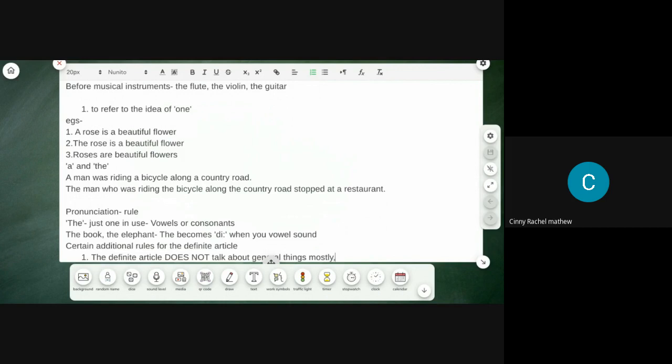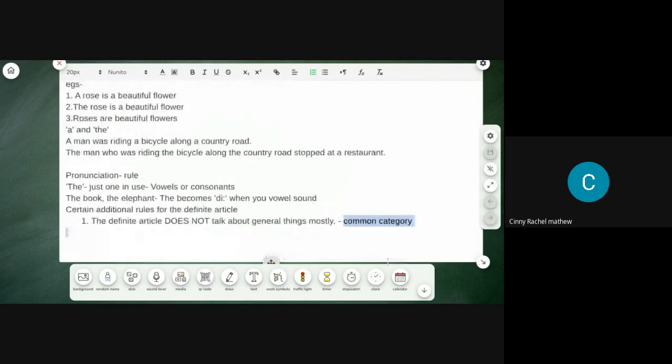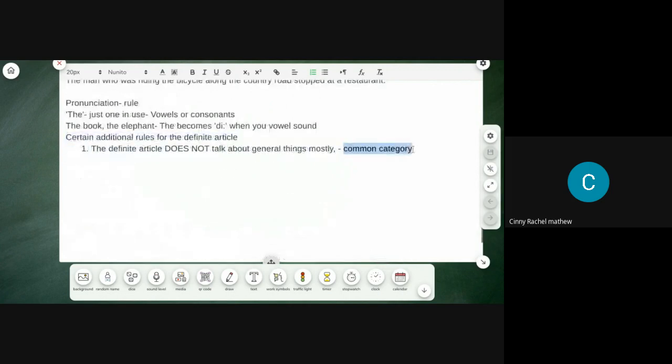It talks about general things mostly, except when it talks about a common category. That is an exception for this rule. Mostly, but a common category would be an exception for this rule. So it talks about general things mostly, and otherwise, the other thing it talks about is the common category of nouns.